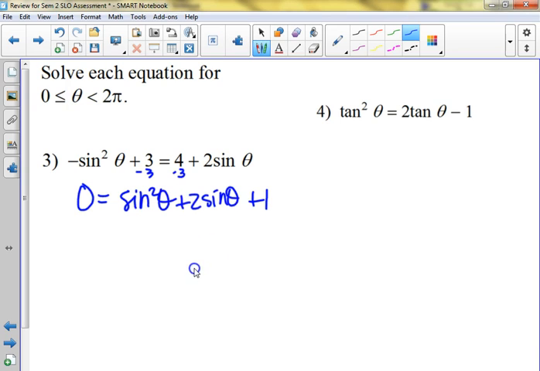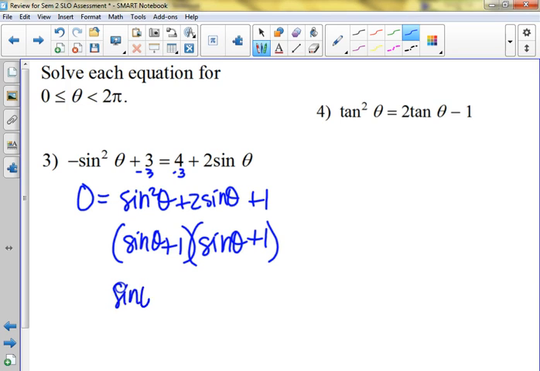So not taking out a sine, right? Yeah, I have to factor this: sine plus 1 and sine plus 1. So we get the sine is equal to what? Negative 1, which is only at 3 pi over 2. Okay.